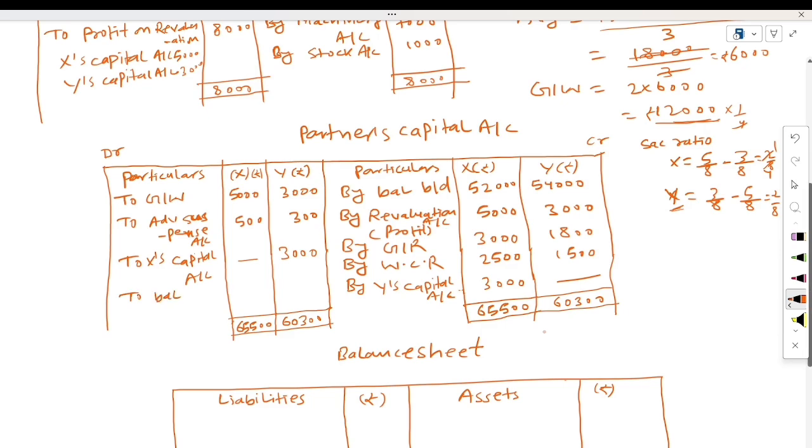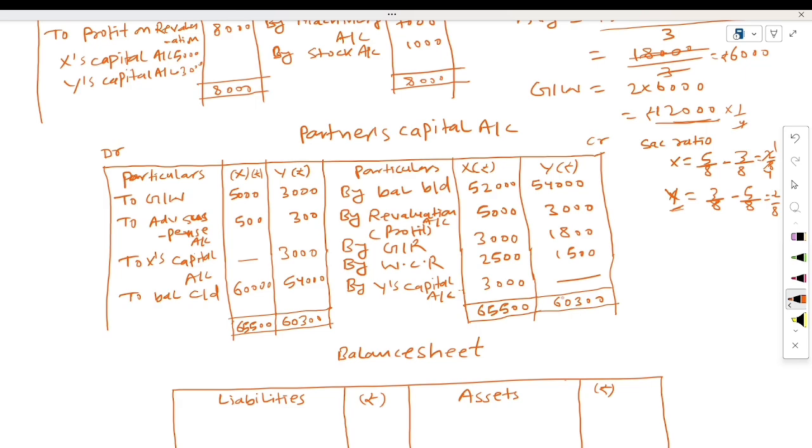Y balance c/d, how much the amount will be here? 65,500 minus 60,000. Here what would be 60,300 minus 6,300, means 54,000. This is the amount of partner's capital account credit balance.